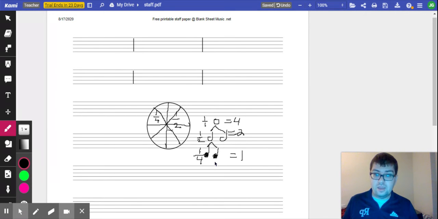We can keep going. After a quarter note, half of a quarter is an eighth. So these two notes that are connected are called eighth notes. And they're less than 1 beat long.